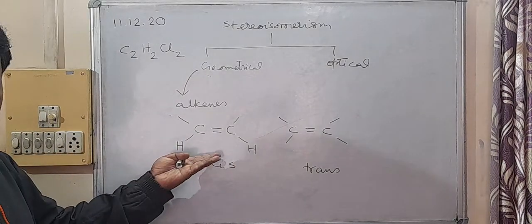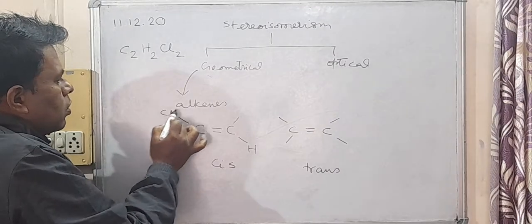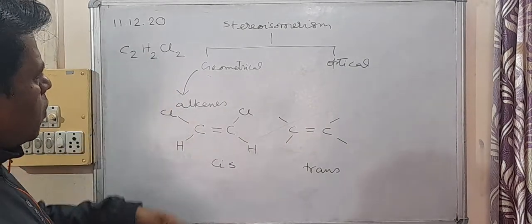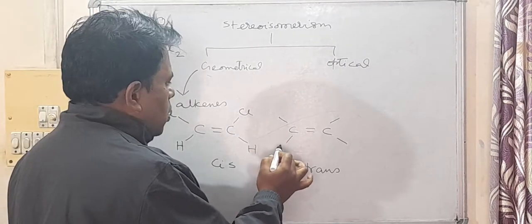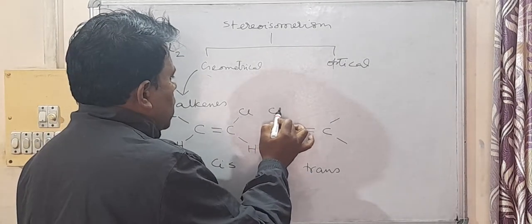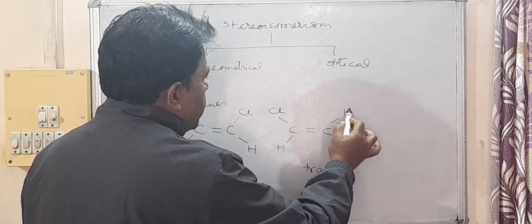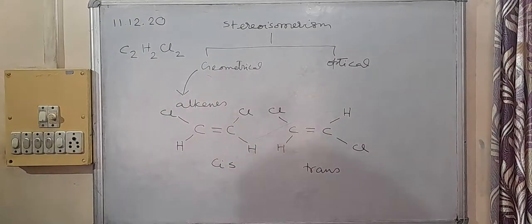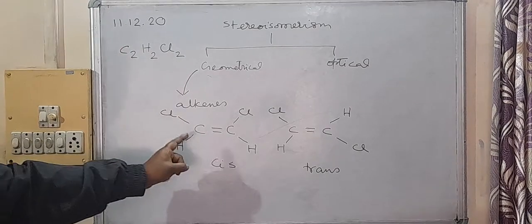I'm making the cis one, chlorine here, chlorine here. So this is the cis form of this compound, and the trans form is here H, here Cl, and here H, and here Cl. So this compound exists in two geometrical forms, cis and trans.